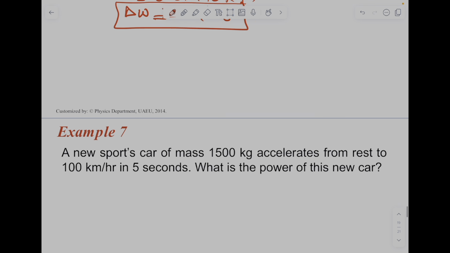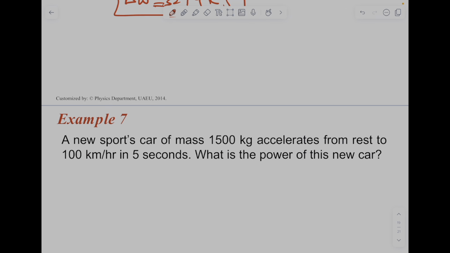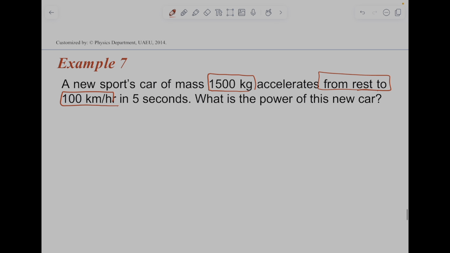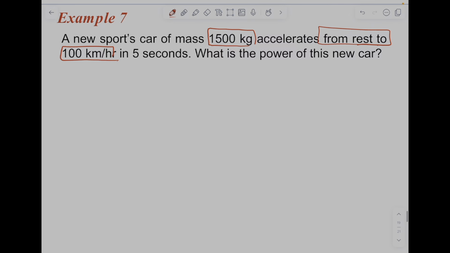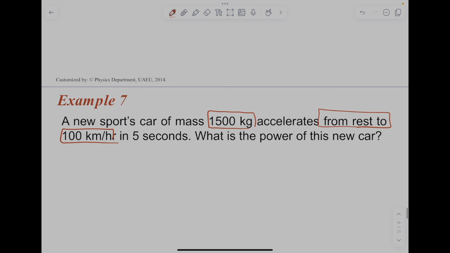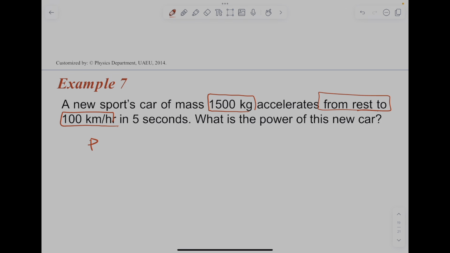Next example is a sports car of mass 1500 kilogram accelerating from rest, which is the initial velocity 0, to 100 kilometer per hour in 5 seconds. What is the power? Okay, so power is the work divided by the time.